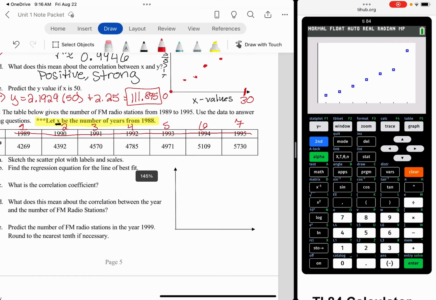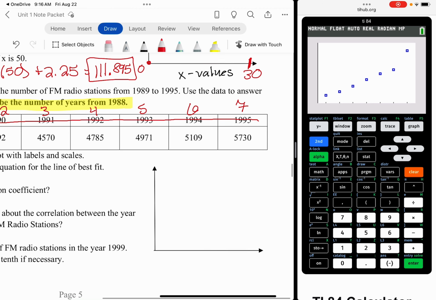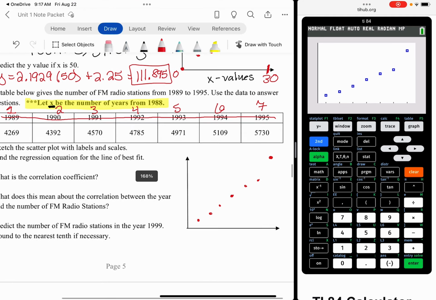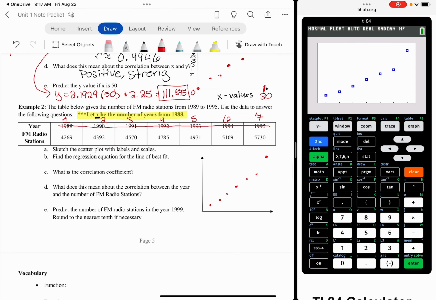And there is my graph. So this one has 1, 2, 3. 1, 2, 3. A little bit more of a space. 4, 5, 6. And this one's kind of up a little bit. 7. All right, so there is my sketch. I need to make sure I label it. So this one is years from 1988.